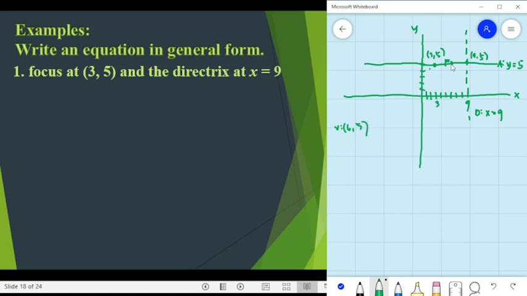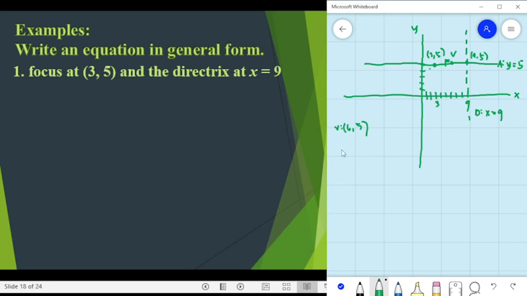So 6, 5. Okay, 5 plus 5 is 10 divided by 2 is 5 again. Or you don't need to operate on it, because the focus and the vertex are collinear. Okay, so the vertex is (6, 5).